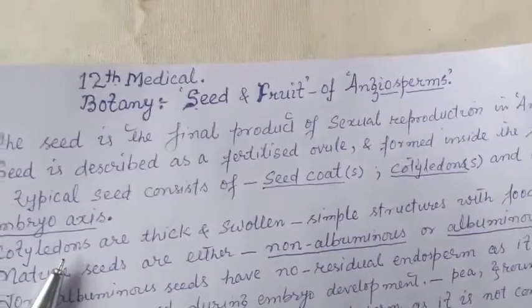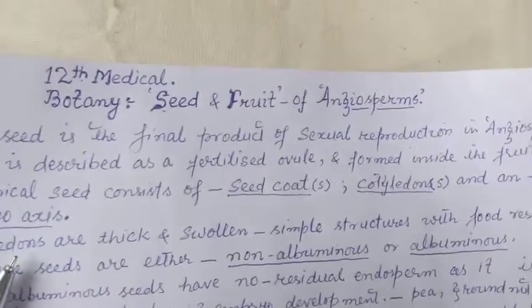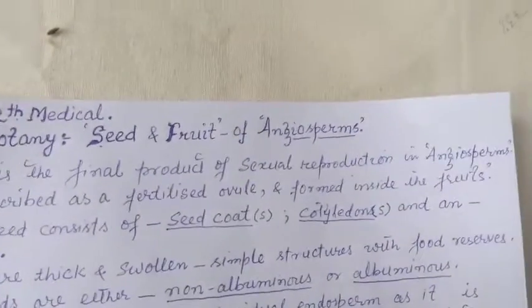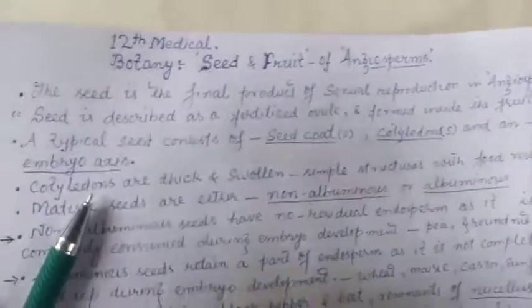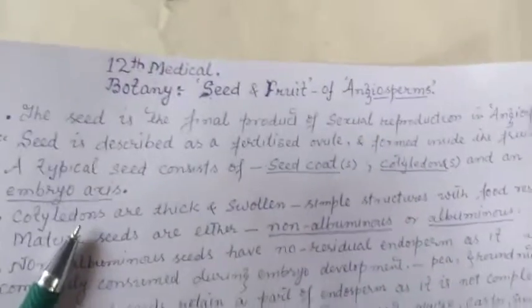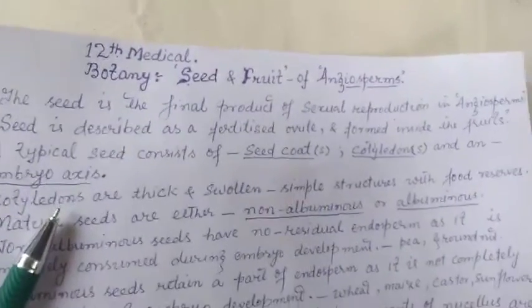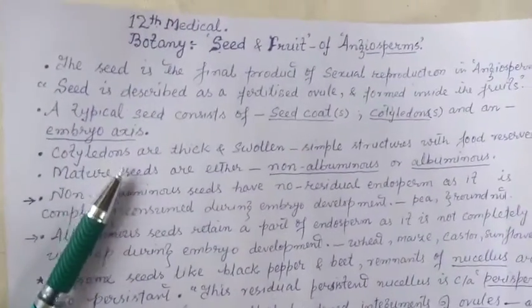A typical seed consists of seed coat or seed coats, cotyledon or cotyledons, and an embryo axis. As you must be remembering, monocots have single cotyledon and dicots have two cotyledons in their seeds.